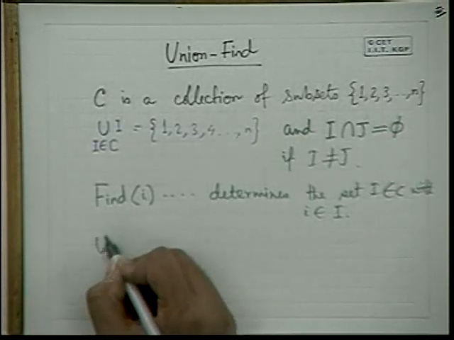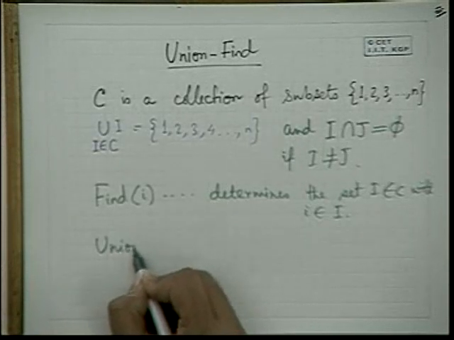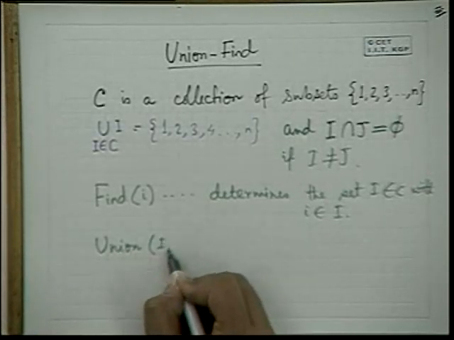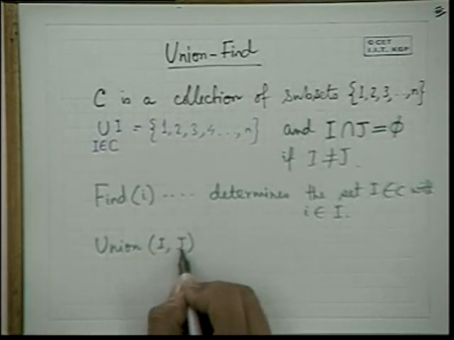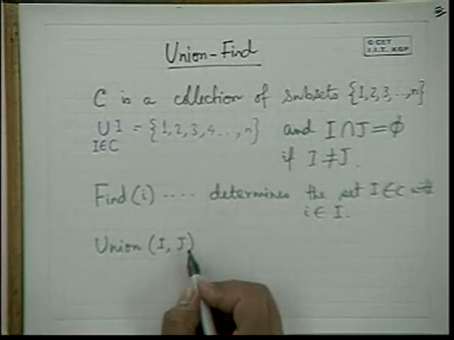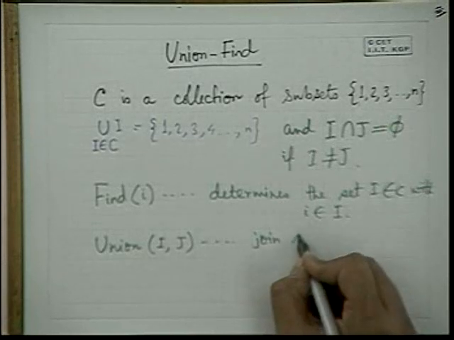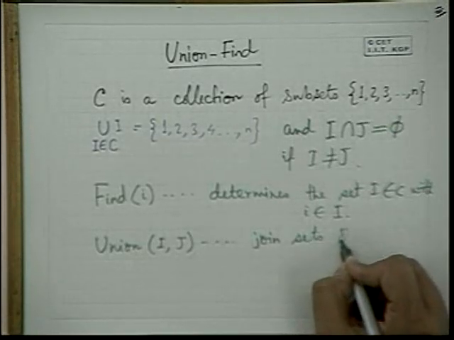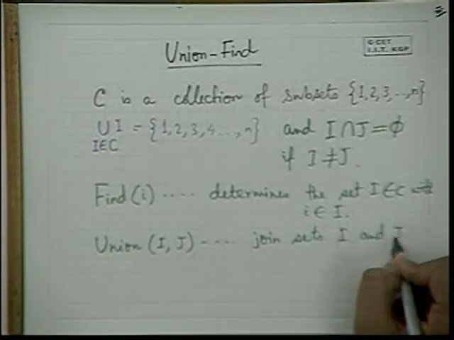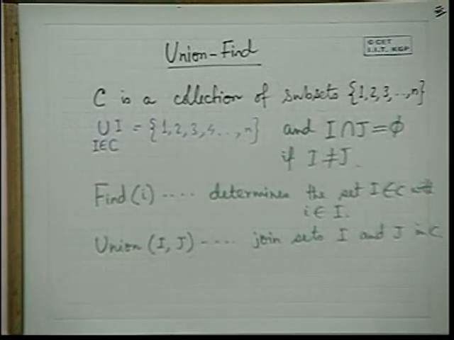And there is another operation, union(I, J). This takes two sets, I and J, from the system, and joins sets I and J in C. So these are the two operations we should be performing efficiently for this problem.